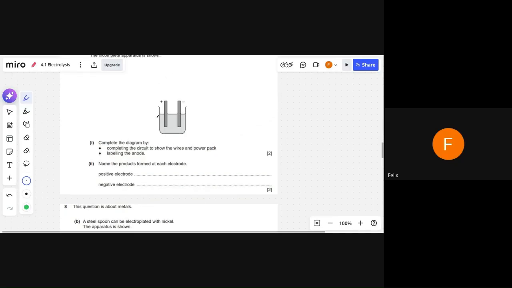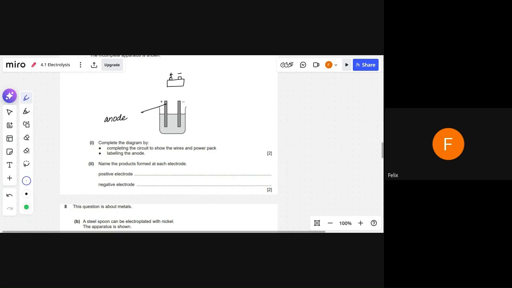So the anode is this one, that's positively charged. And you just draw a battery here, connect this one with here, labeling this the positive terminal of the battery, and this terminal labeling it as negative.